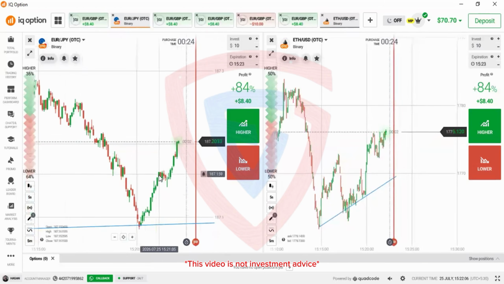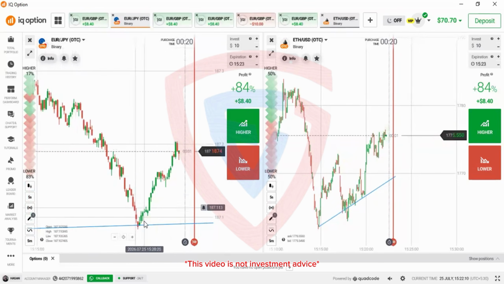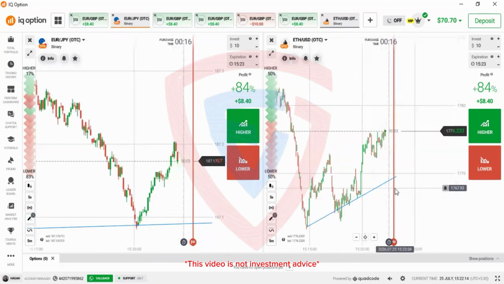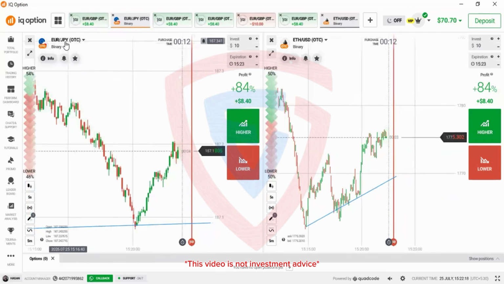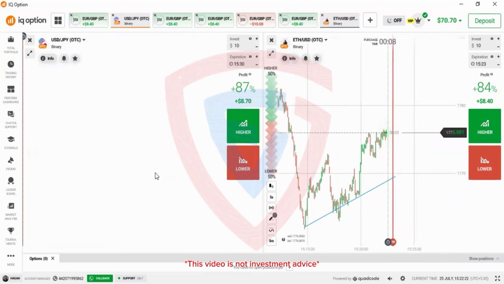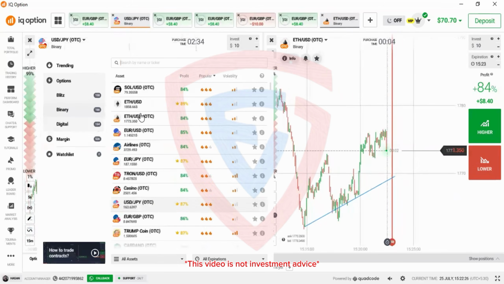So this market is not good to take a trade because there are no higher highs and higher lows here to trade. So I will change to another pair. Okay, there is no opportunity here.